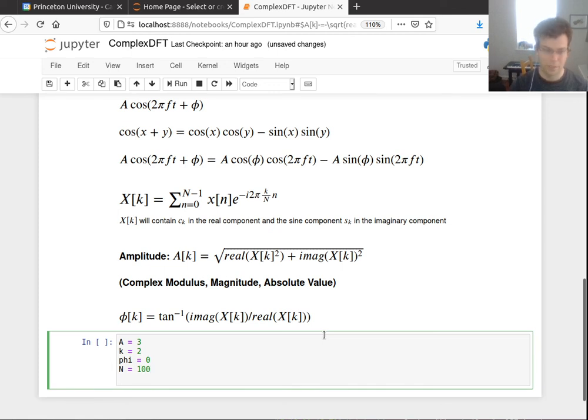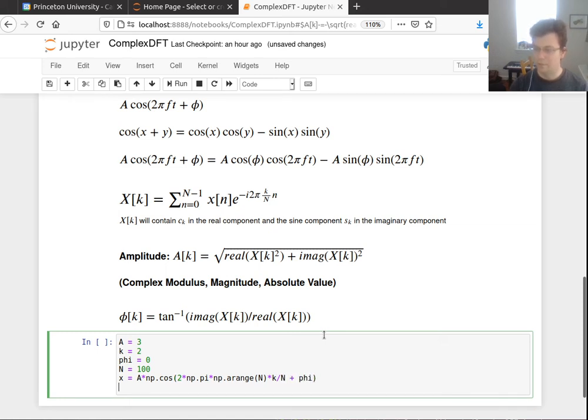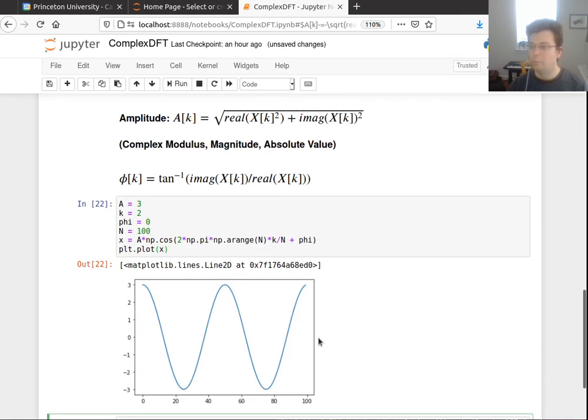So my signal is amplitude times cosine of 2 pi, and I'm going to sample it from 0 to N minus 1. That's what this np.arange is. Divide that by N, so times k over N, plus the phase. So is this something at amplitude 3 that goes through 2 cycles? Okay, so amplitude 3, 2 cycles, good.